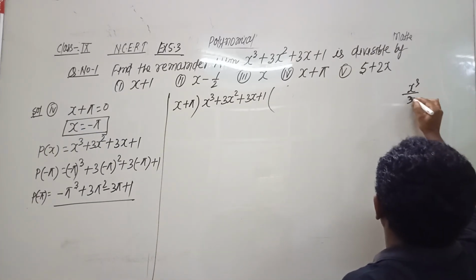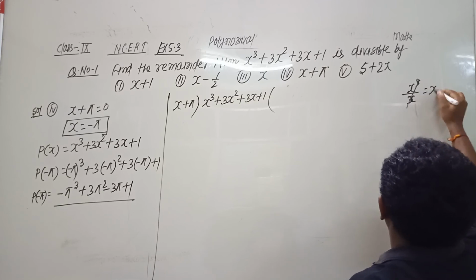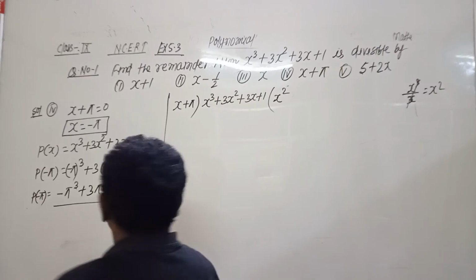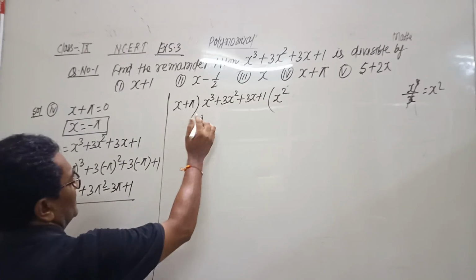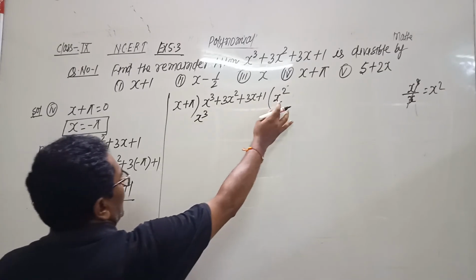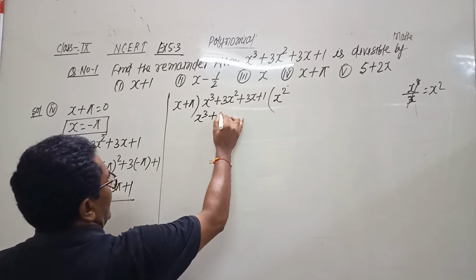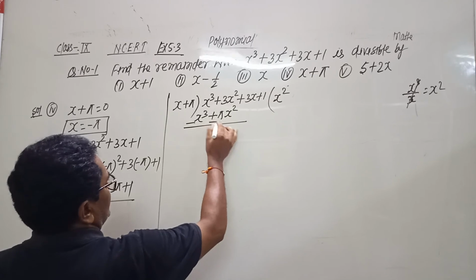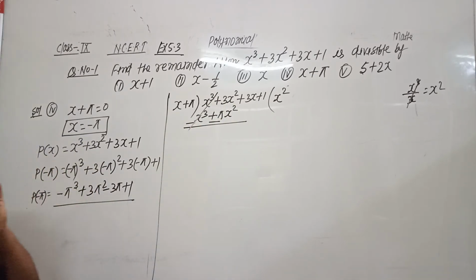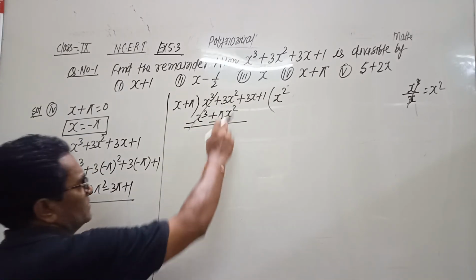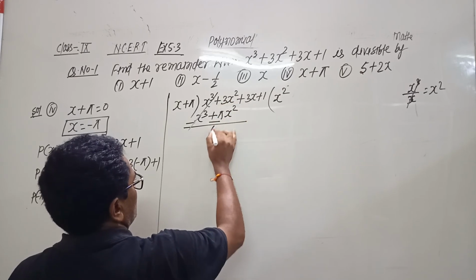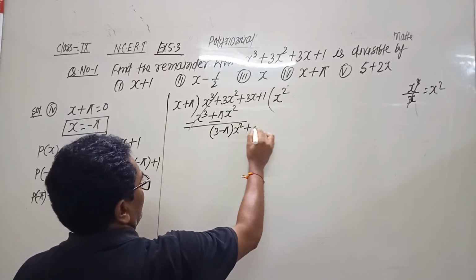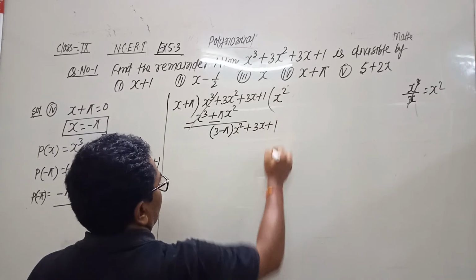So x cube divided by x, we get x square, means we have to write x square. So x square multiplied by x, gives x cube, and x square multiplied by p gives p x square. Now change the sign, x cube and x cube get cancelled, and from these two terms x square is common. So it gives 3 minus p, x square plus 3x plus 1.